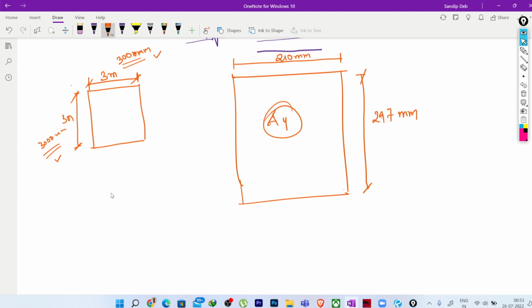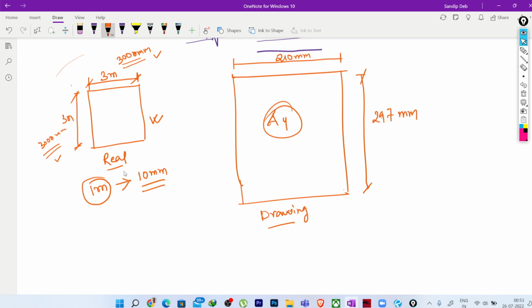Suppose 1 meter in the real case, this is my real scenario and this is my drawing, will be 10 mm in my drawing.